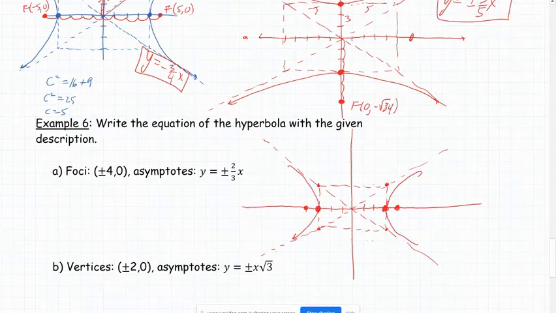So we see now that this is a sideways hyperbola, so it's going to have to be x squared. So it's going to be x squared over this distance, which is 3. So x squared over 9 minus y squared over, this is 2, so that's going to be 4, equals 1.